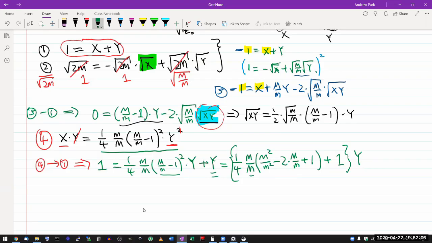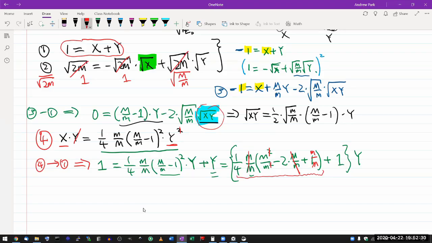Now I can distribute that factor and see what happens. Distributing it, one factor of these squares gets canceled, this ratio gets canceled, and I have a ratio of small m over big M at the very end there. If you're doing this math in your head, you'll see where I'm going with this.